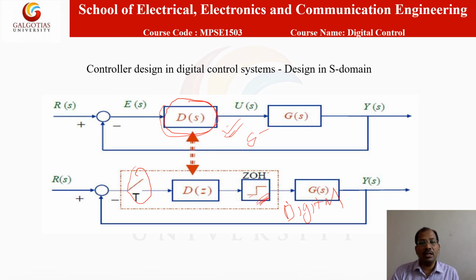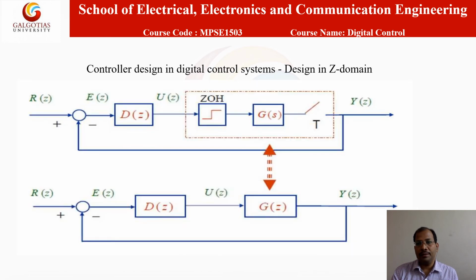This is the single step process, and this is the two step process. So the controller is converted into digital form. Using this sampler, quantizer and zero order hold circuit, we can operate the controller in the digital domain. This is the basic aim of this slide.